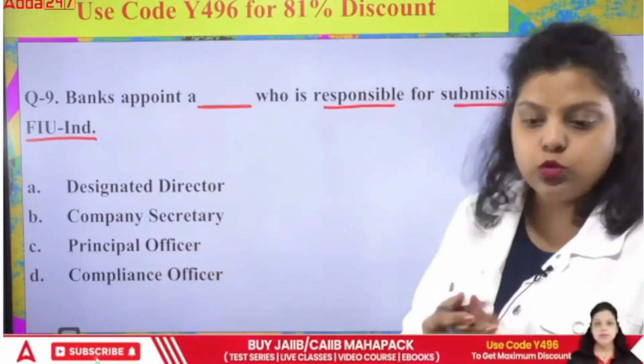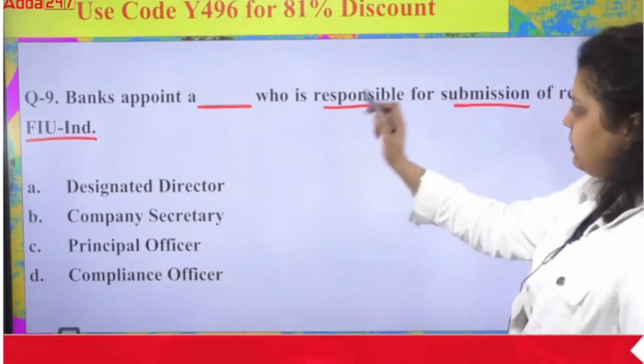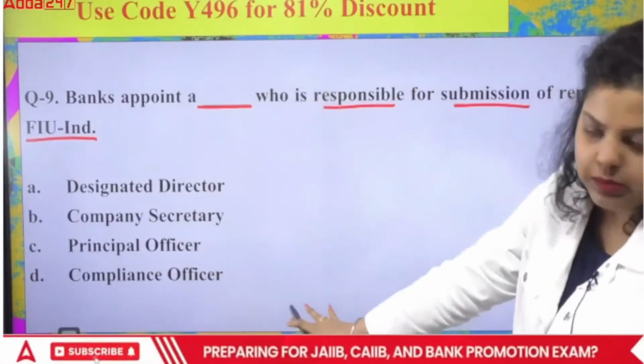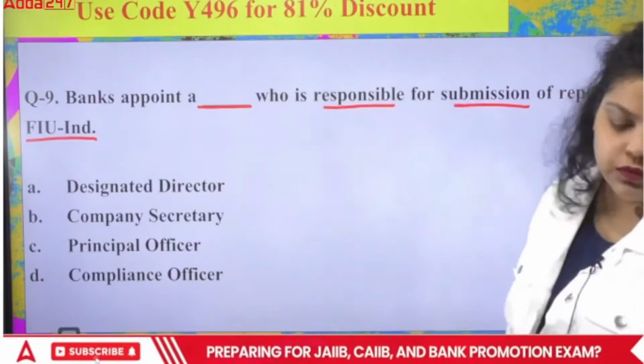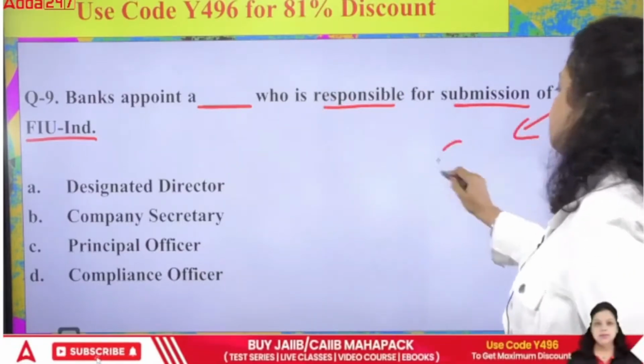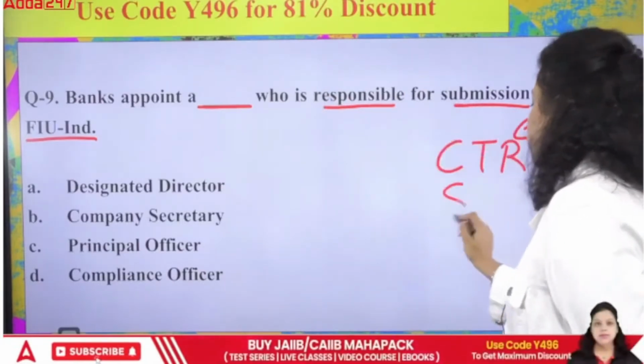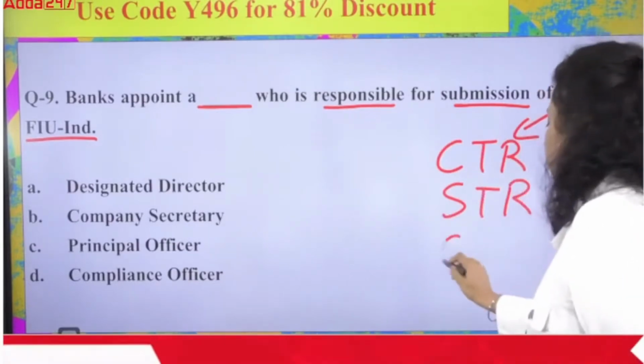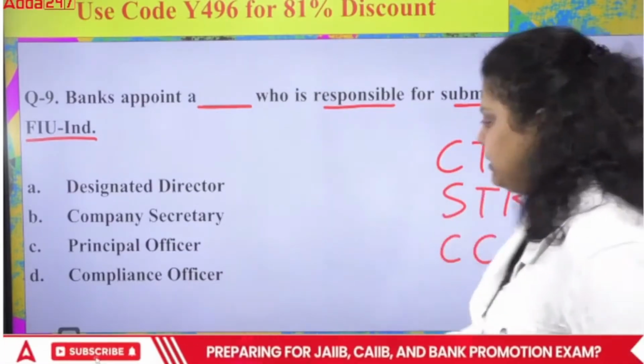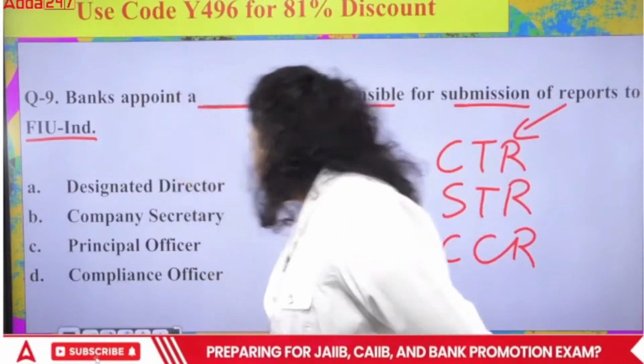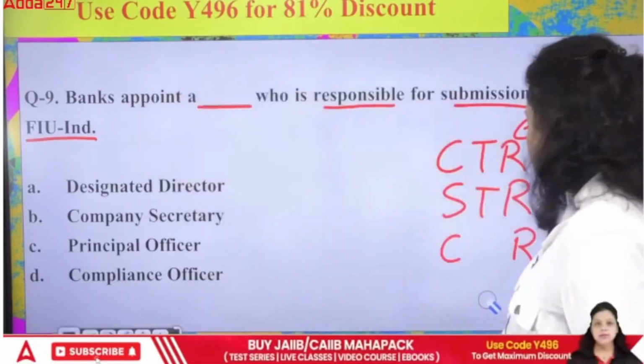Now, what kind of reports we are talking about? The bank appoints a person who is responsible for submission of reports. The reports will be your cash transaction report, your suspicious transaction report, your counterfeit currency report. Do remember the full form of them, that is very important.